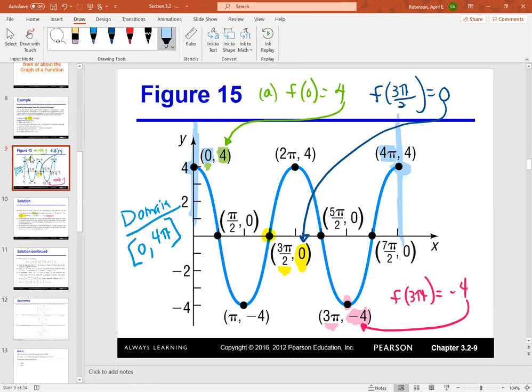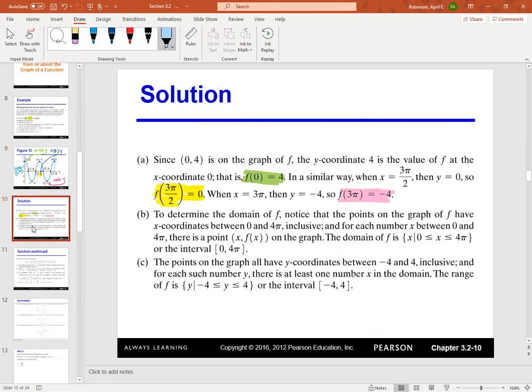And if I go to their explanation on part B, first they put the domain in set builder notation, and then they put it in interval notation, which is what I did, from 0 to 4 pi.